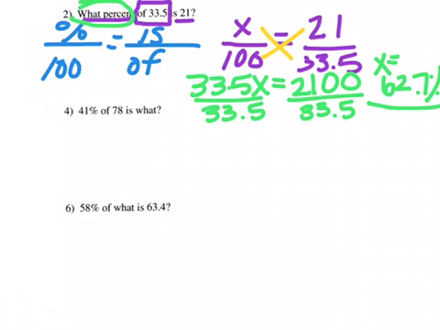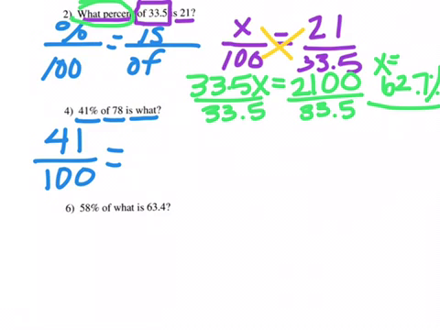Now we're going to go to the next example. So 41% of 78 is what? And these are going to help us with our proportion. So we put our percent, which we know is 41, over 100, and set it equal to is over of. The 78 is the of, and we don't know the is yet, so that's our unknown.